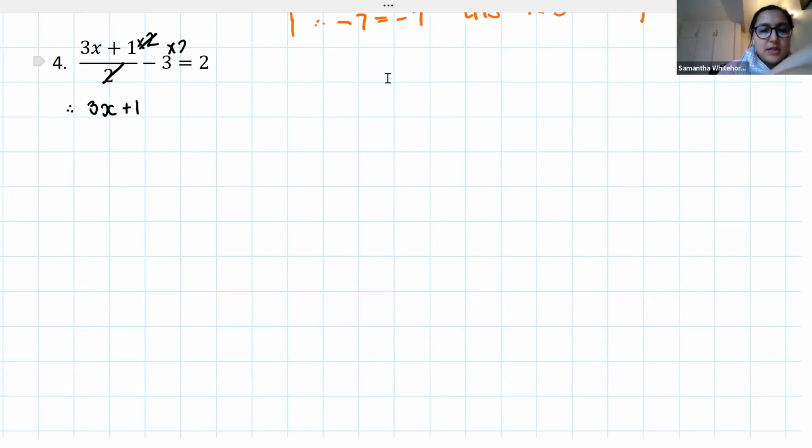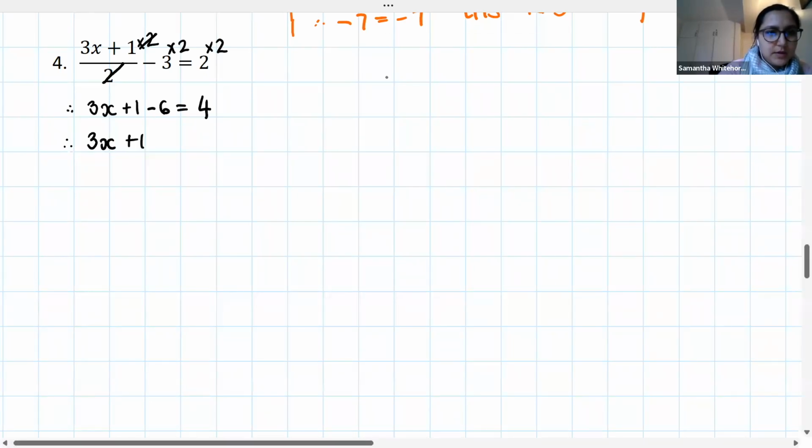And then we need to remember to times the negative 3 by 2 and the 2 by 2. Yes, ma'am. Perfect. So we've got negative 6 equals 4. Cool. Christian, what did you do next? Then I moved the negative 6 to the right, which made it positive 6.